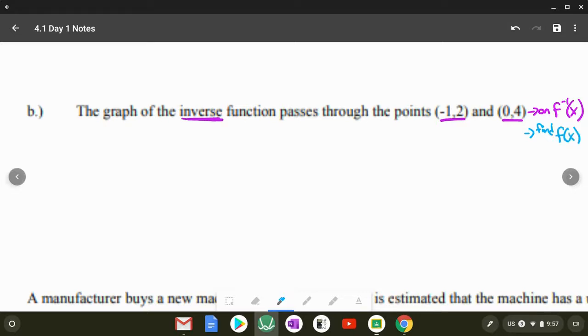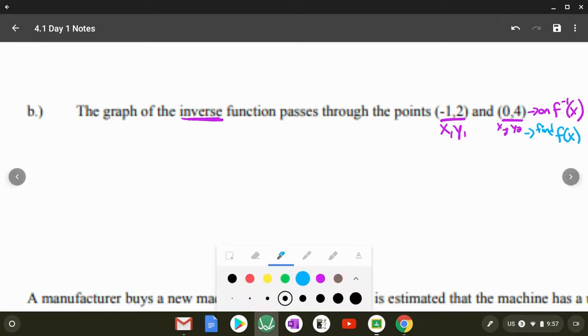The normal function. Well, if we remember what it means to invert a function, or any type of function, you switch the x and y. So if the inverse function has points we'll call (x1, y1) and (x2, y2), those are 2 points on the inverse.